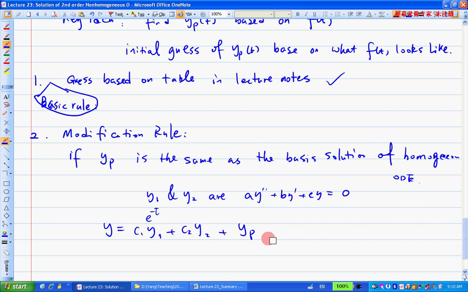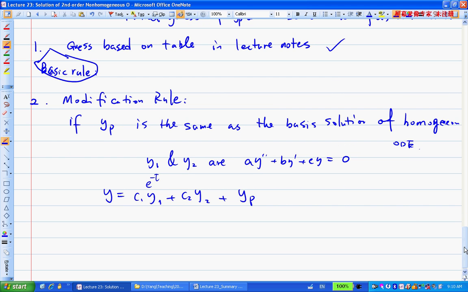So then how do we make the modification? The idea is to make this lucky guess different from whatever the similar term over there. So the first thing is, if this is the same as the basis here, then there are different cases. What you do is you multiply by t with the initial guess.